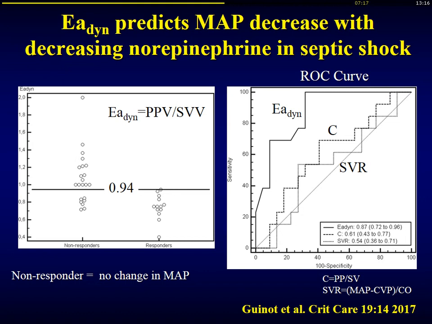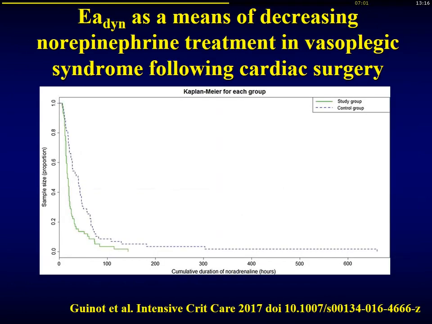And they found that the same magic number of about 0.9 applied: if your dynamic arterial elastance was greater than 0.9 on norepinephrine and you decrease the norepinephrine, the blood pressure didn't fall. So they said, why don't we use that to wean norepinephrine in our patients after surgery who have vasoplegic syndrome?